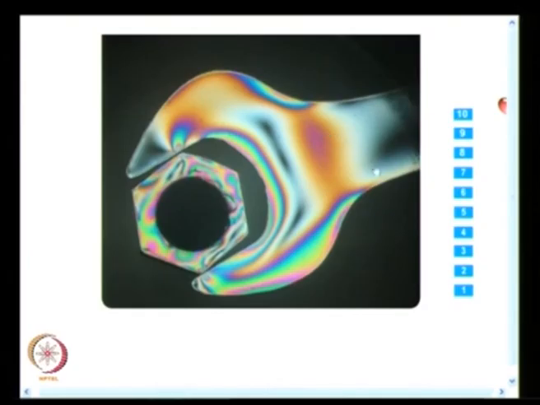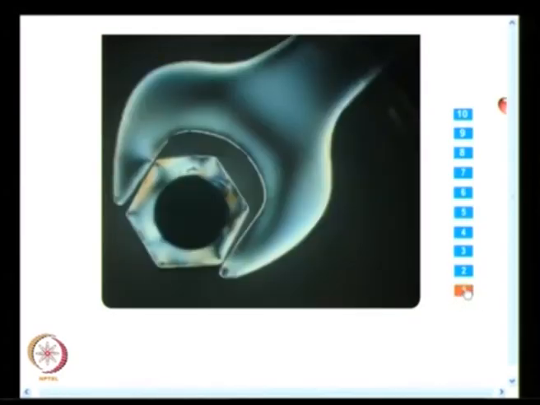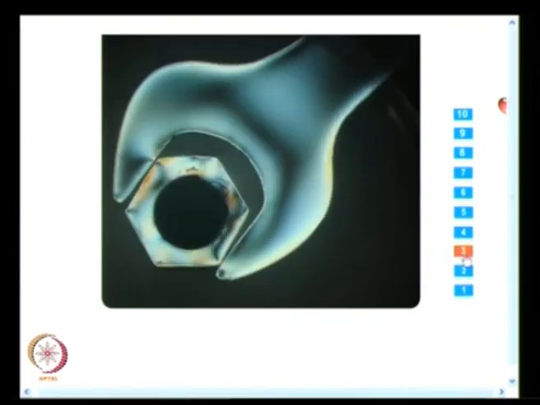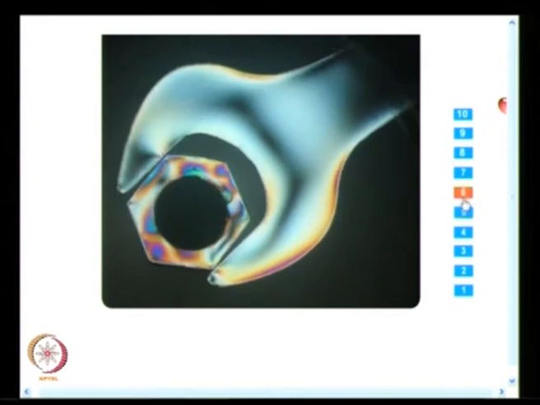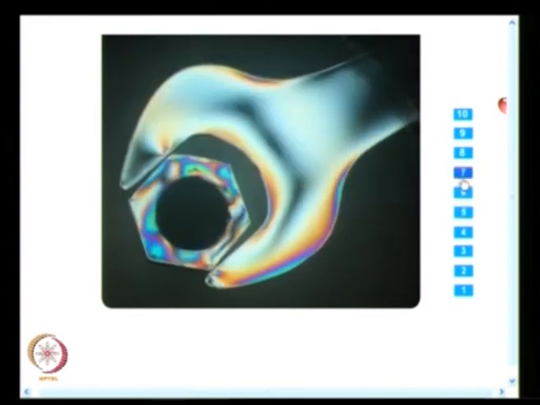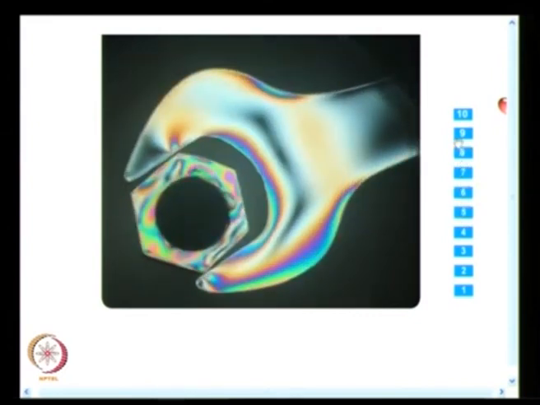For your benefit I will repeat it again. When I have the least load, it is like this. As the load is increased in stages, you find the fringes are formed, and we call these fringes.